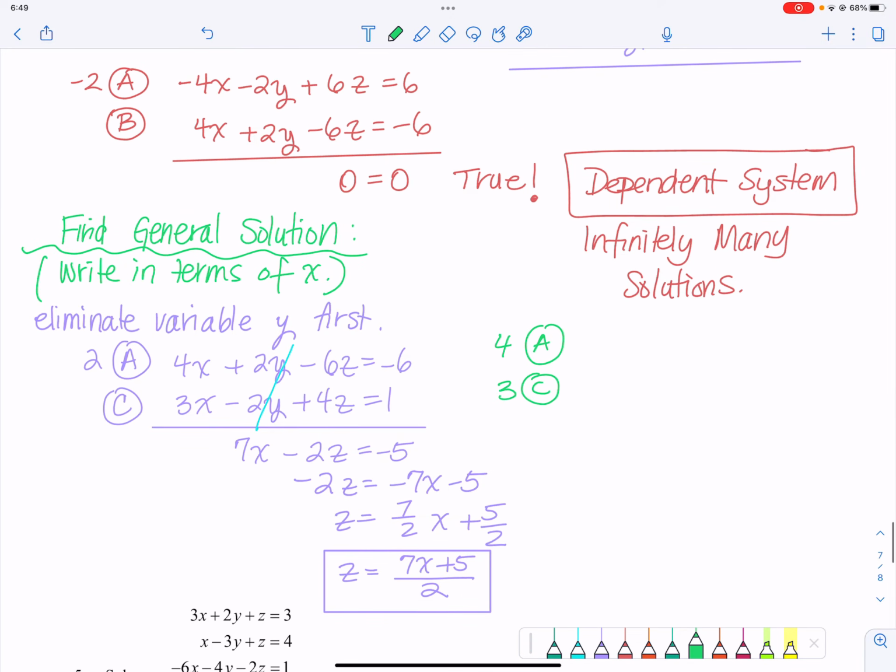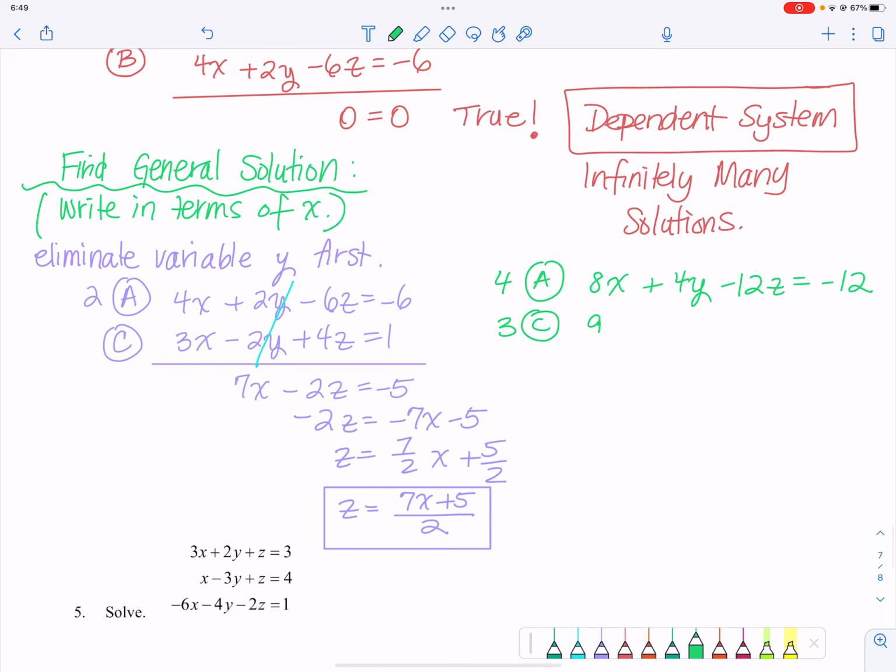Multiplying those out, we get 8x plus 4y minus 12z equals negative 12. And then we have 9x minus 6y plus 12z equals 3. And there we have eliminated z, and we can solve for y in terms of x.